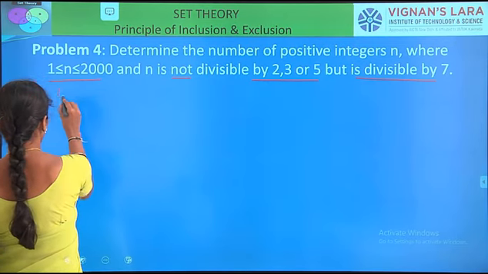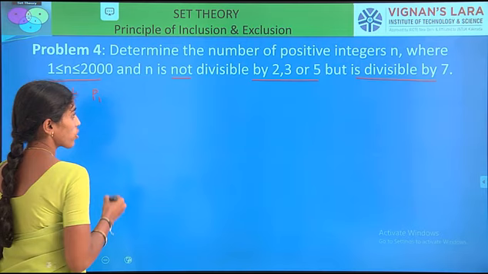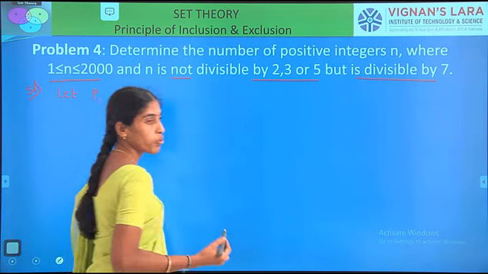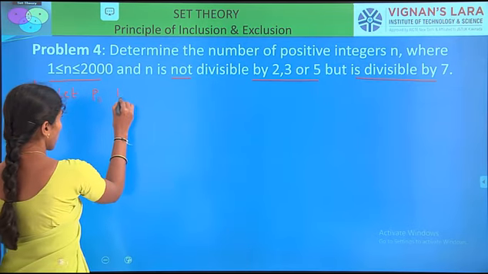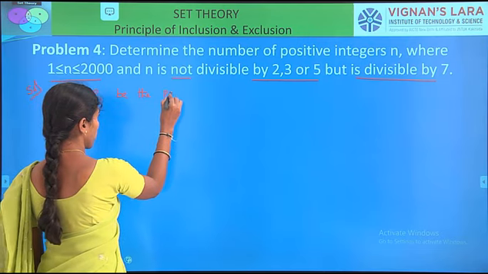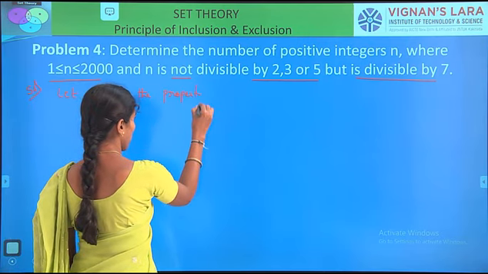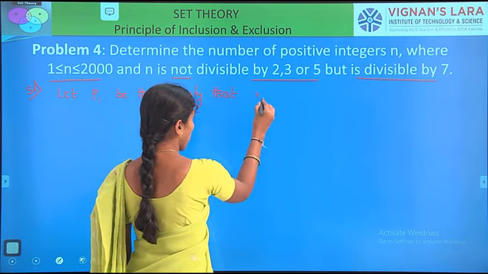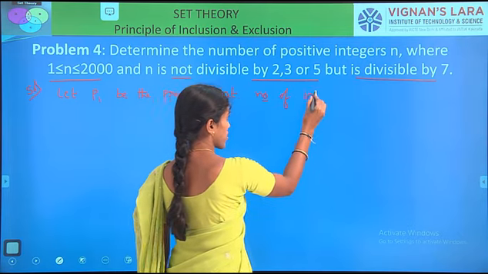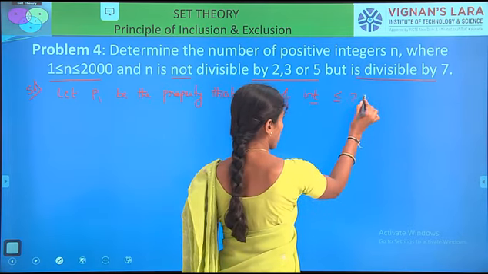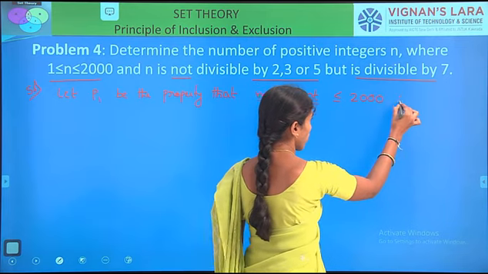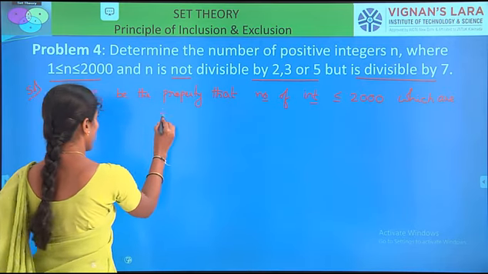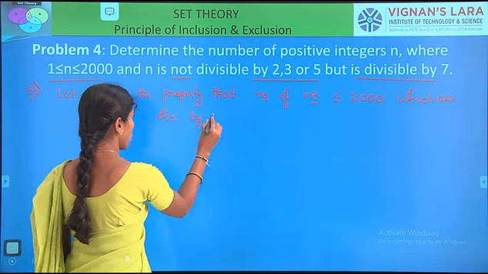Coming to the solution, first we will find out the number of positive integers less than or equal to 2000 which are not divisible by 2, 3 or 5. For that, let P1 be the property that the number is divisible by 2.